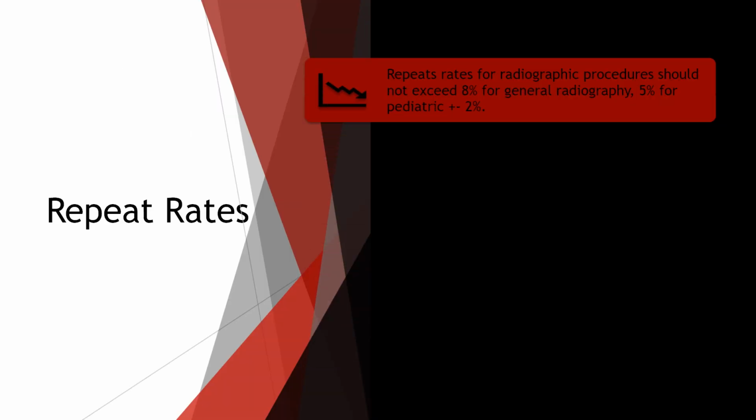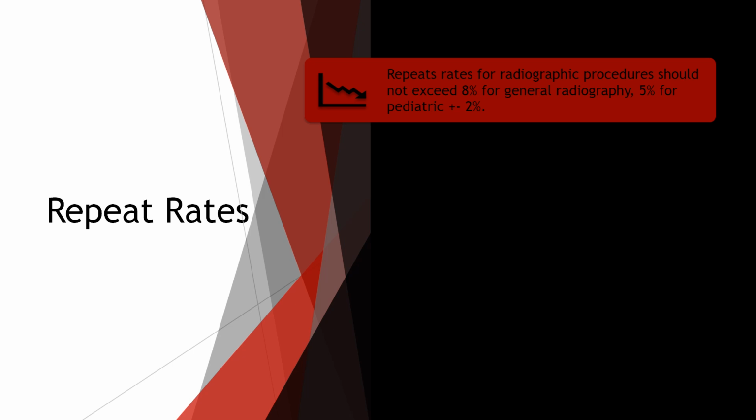The repeat rates, so these are the criteria set, okay? And whether these are hard and fast or they're just should-be-followed rules, I'm unsure, but repeat rates for radiographic procedures should not exceed 8% for general radiography and 5% for pediatric specific patients, and that could be plus or minus 2% on these, okay, for the leeway due to data collection errors and stuff like that, right?